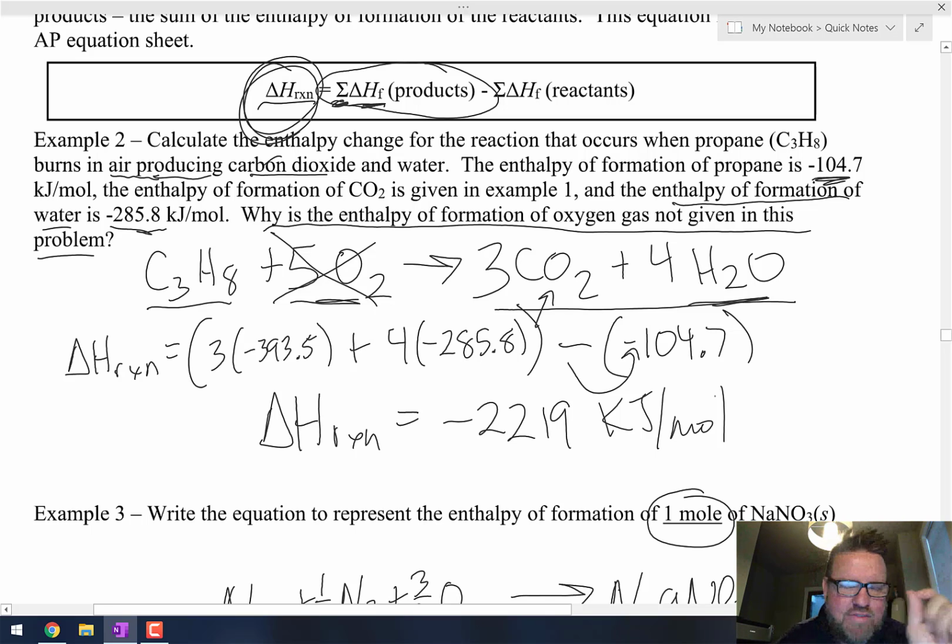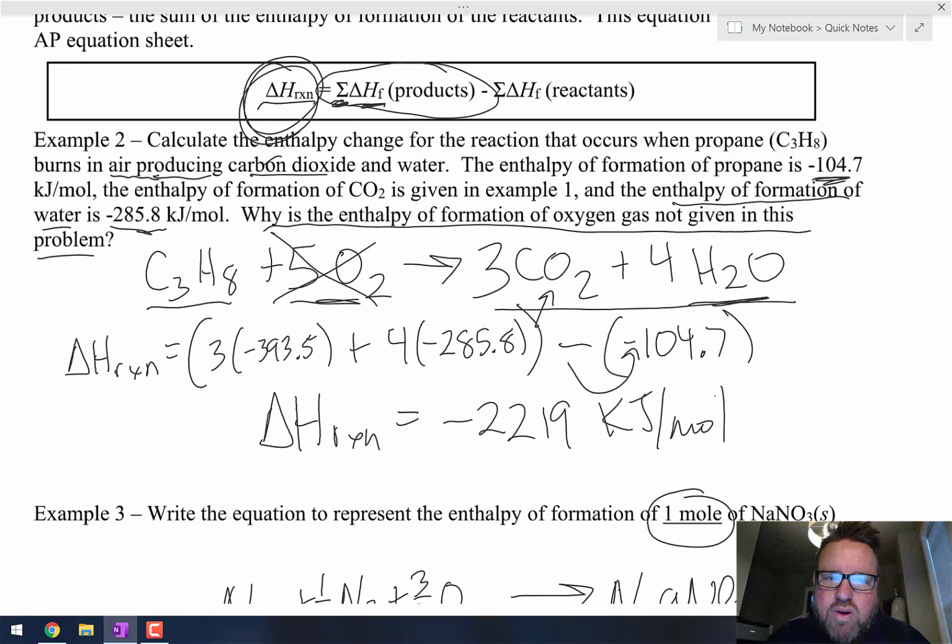So that means that for every mole, and think about this, this is the reaction that happens inside your barbecue if you have a propane tank. For every 44 grams of propane that you use, that's a mole, right? Propane has a molar mass of 44.